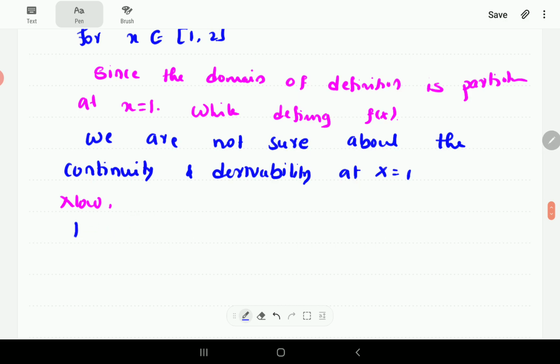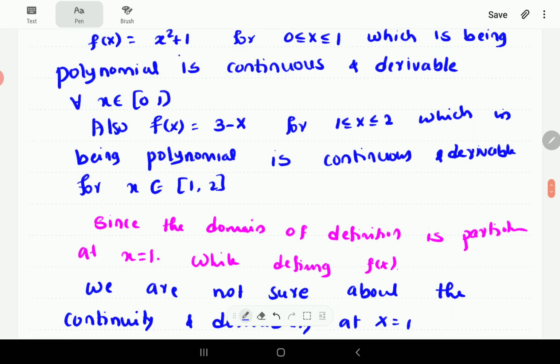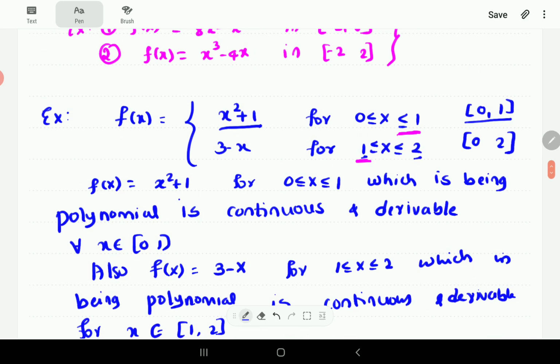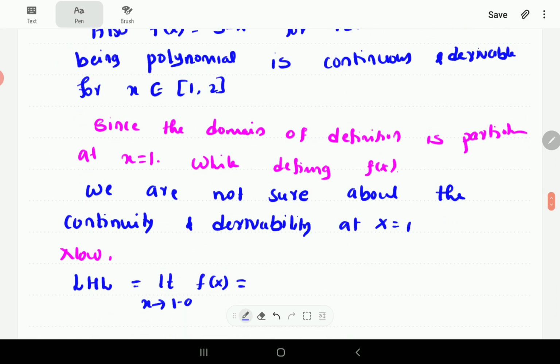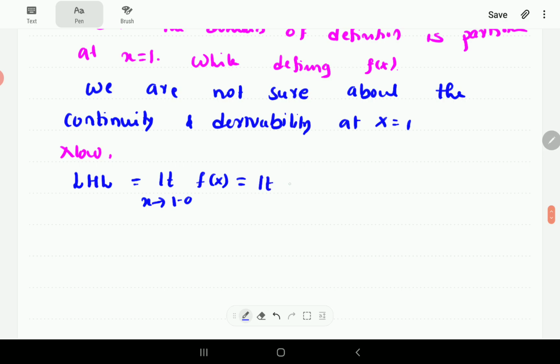For that, let me take the LHL, that is limit as x is tending to 1 minus 0 f of x. As x is less than 1, the given function is x square plus 1. So limit of x square plus 1 as x tends to 1 minus 0.